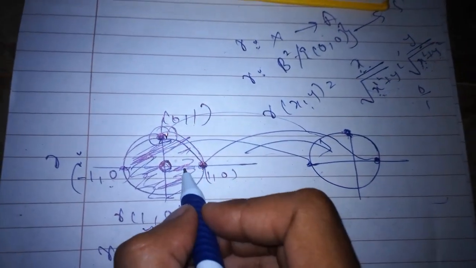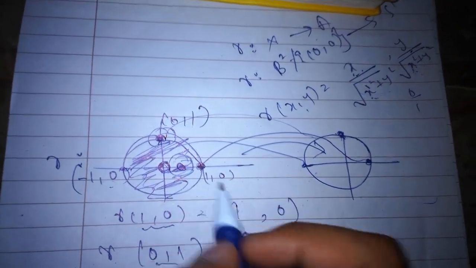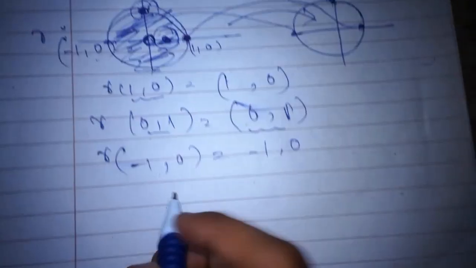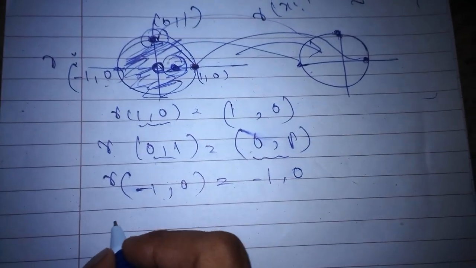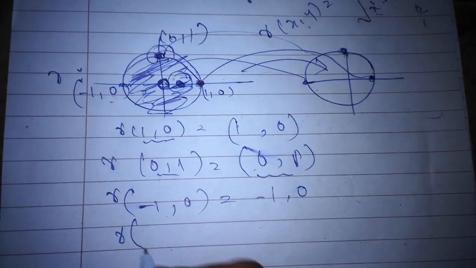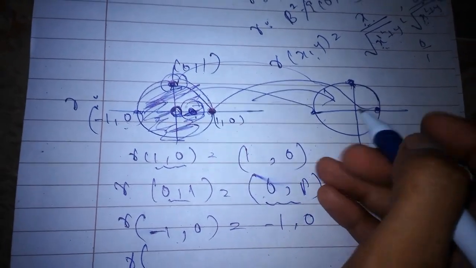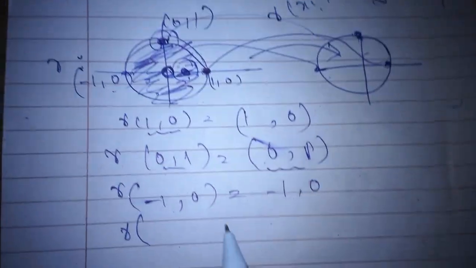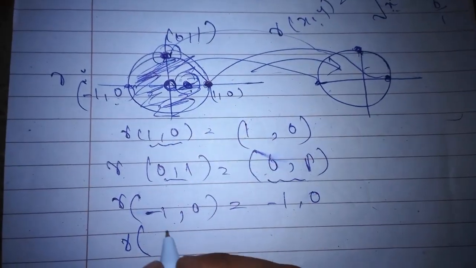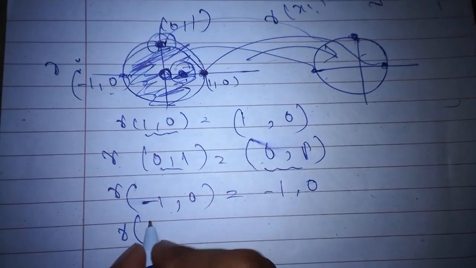If we take another point, how can we realize this point into the output on the circle here? We can check 1 upon 2 comma 0.